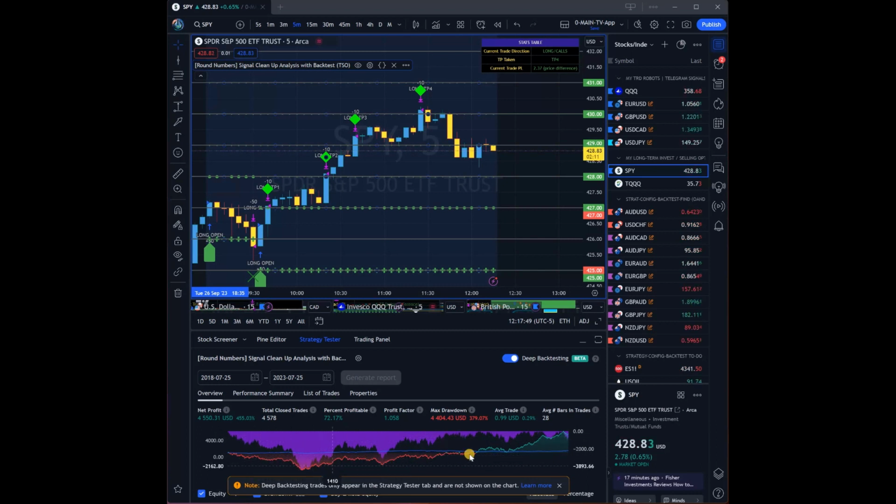I don't really like that for so long. But once again, it's somewhere around COVID. It's a good number, but I don't like the picture here, so I would not trade this. I would play around until I see something better.